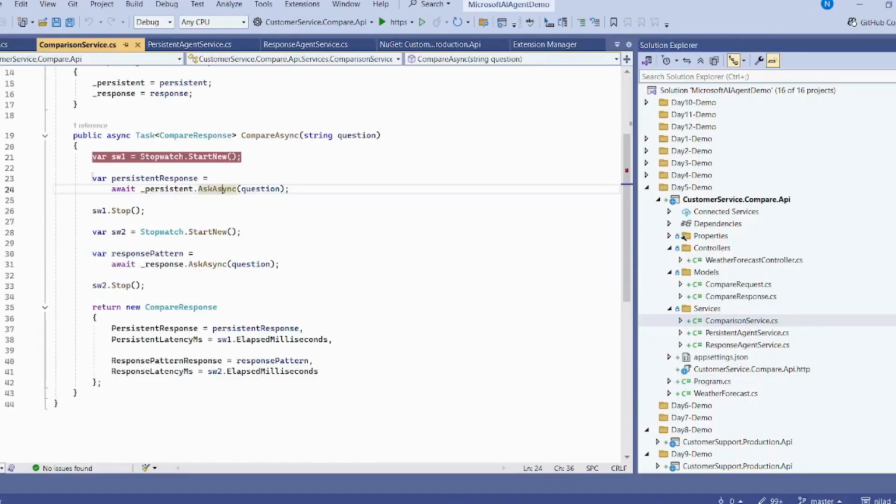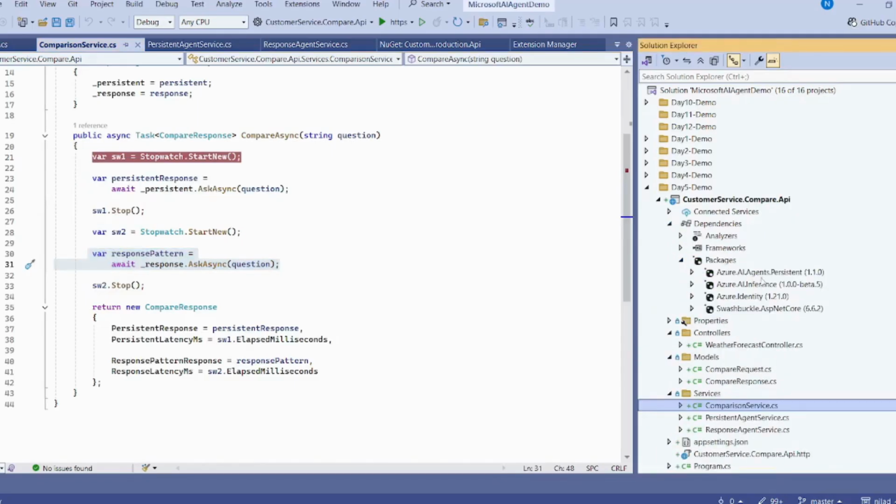So in the compare service, this is the persistent call. We are calculating the time for latency purposes. Another one is the response pattern, and we have taken both AI persistent and AI inference. This AI inference is for the response pattern, and Azure.AI.Agents.Persistent is for the persistent pattern.